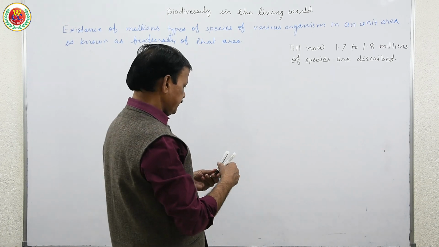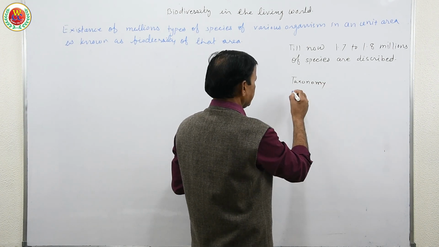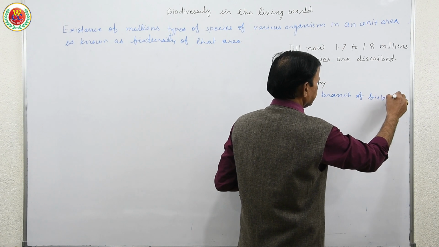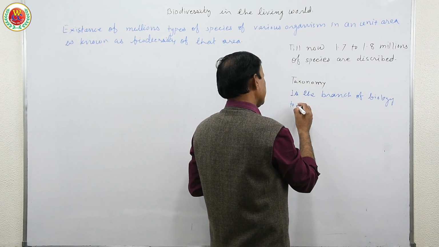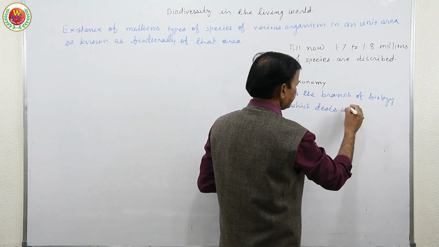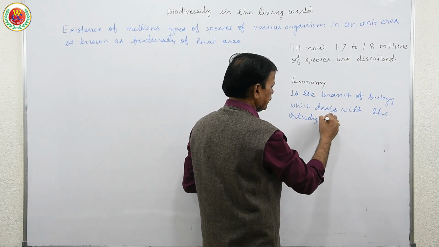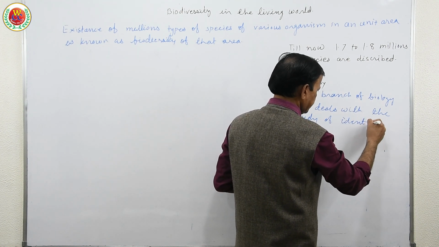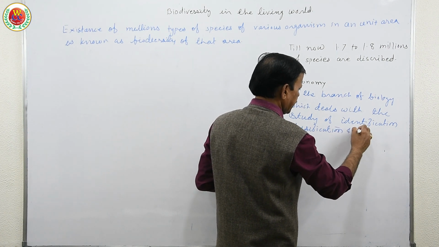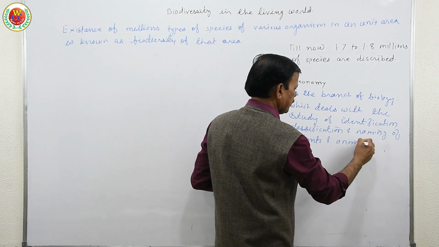So taxonomy is the branch of biology which deals with the study of identification, classification, and naming of plants and animals, or all organisms, even bacteria and viruses.